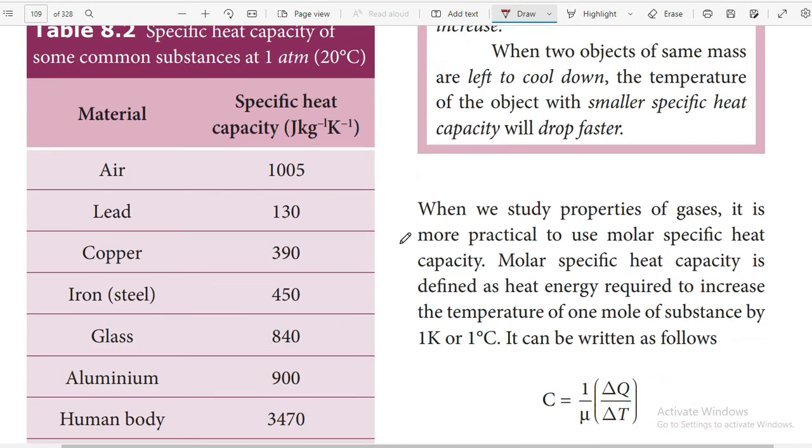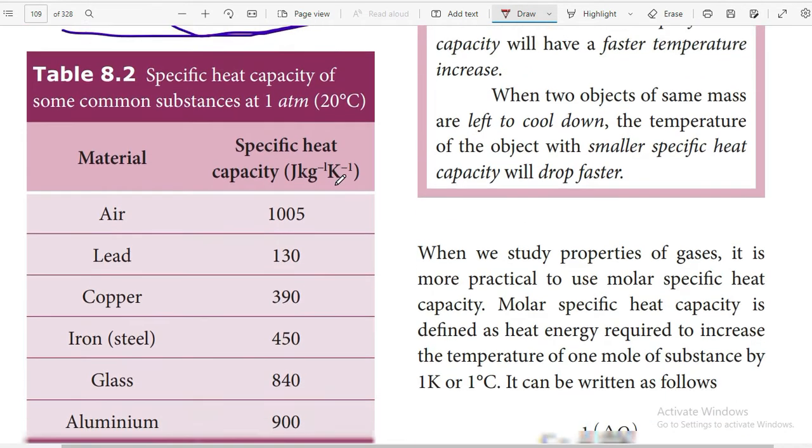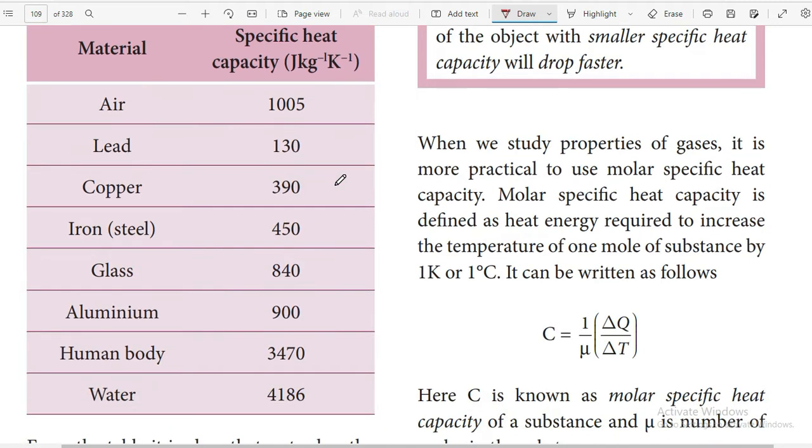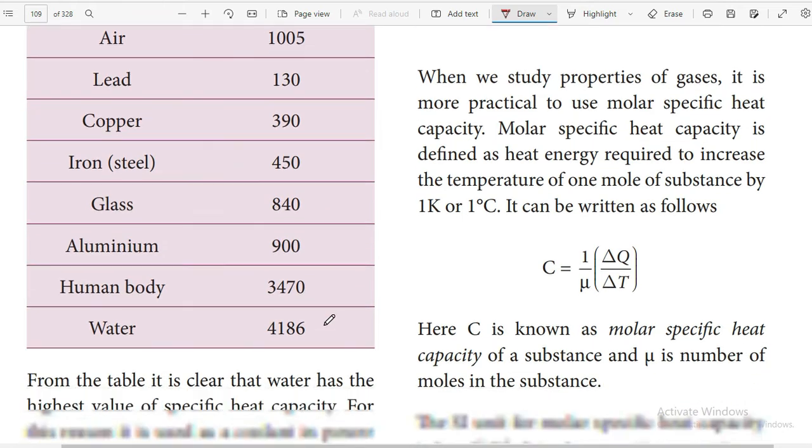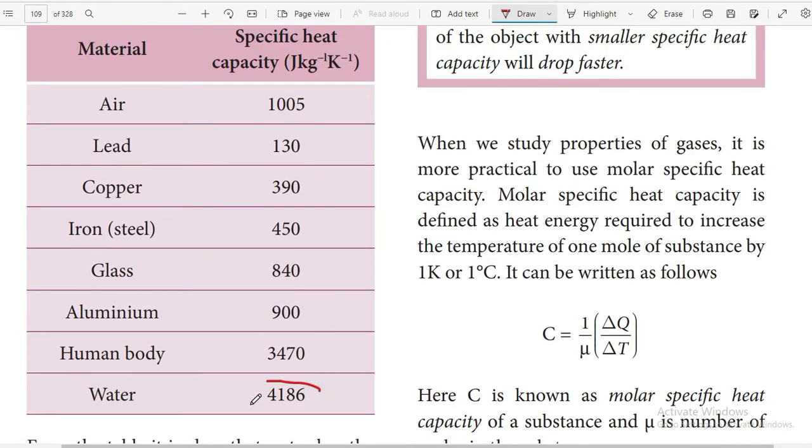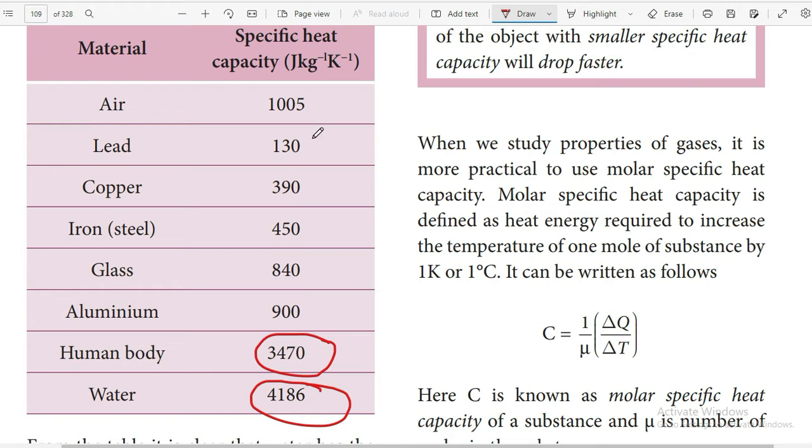Now here they have given the specific heat capacities of various substances. Among these, the amount of heat required to raise the temperature of water is very high. For copper, steel, etc., the amount of heat required is very low, because copper and iron have molecules that are very densely packed.